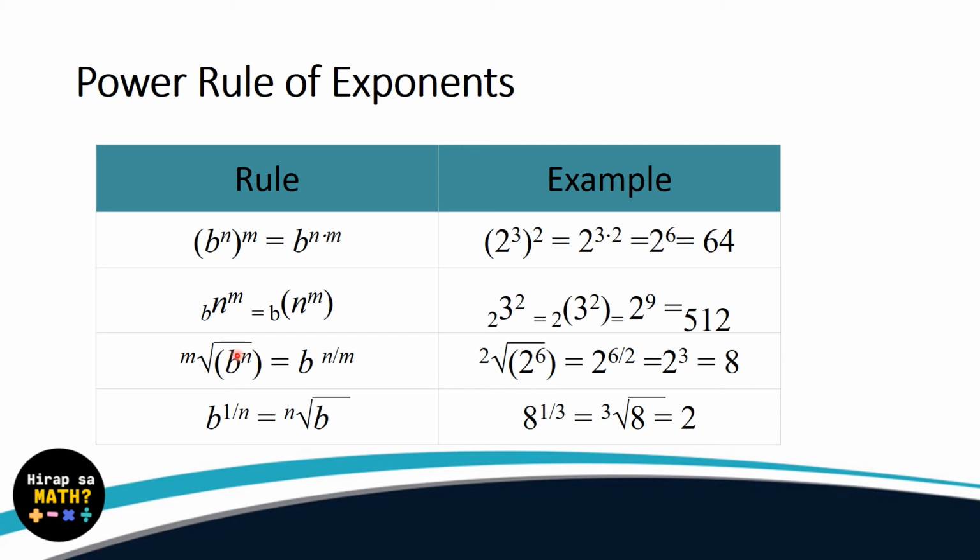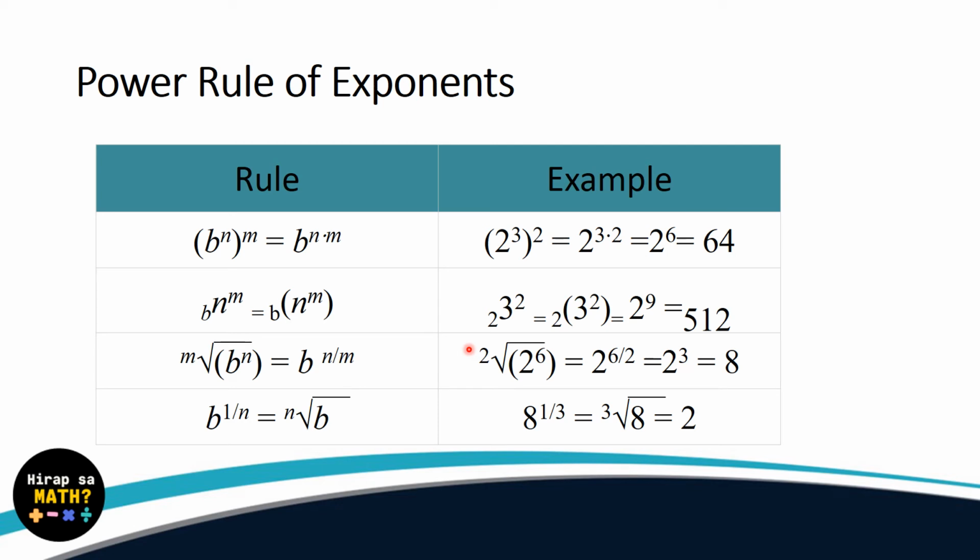Yung nasa loob na power is siya yung numerator, and then yung index or yung nasa labas ng radical sign is yun yung denominator. Halimbawa, square root of 2 to the 6. Actually, hindi naman natin sinusulat na yung 2. Kasi understood na yung pinakamababa kapag may radical sign, ang index na pinakamababa ay 2.